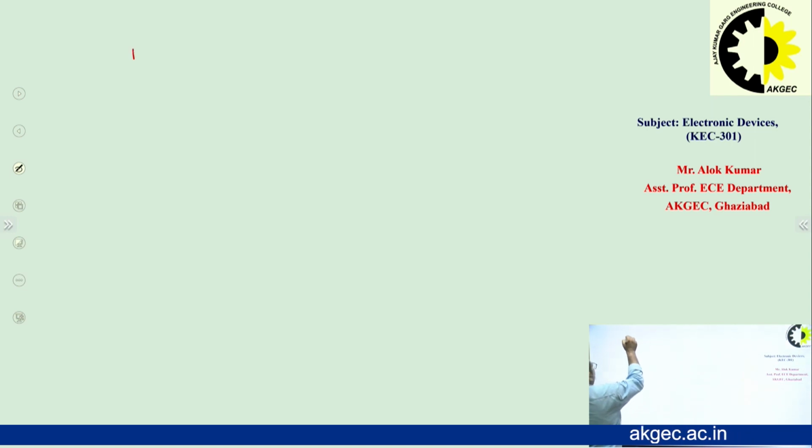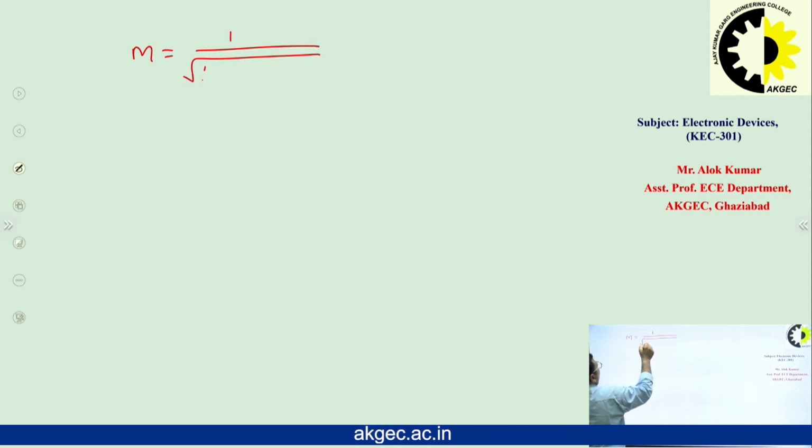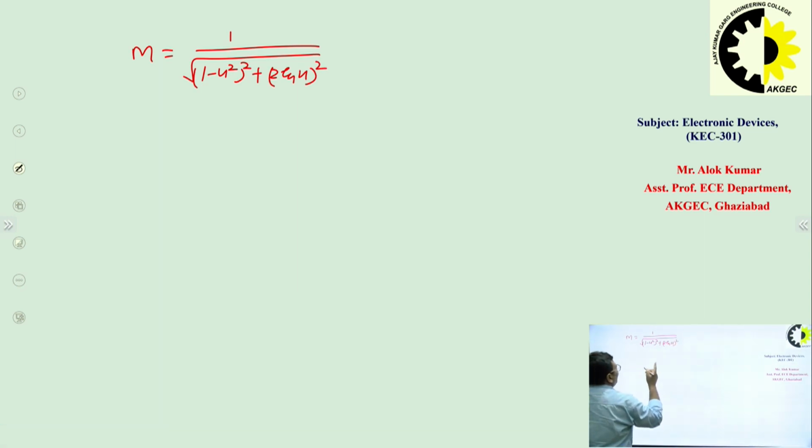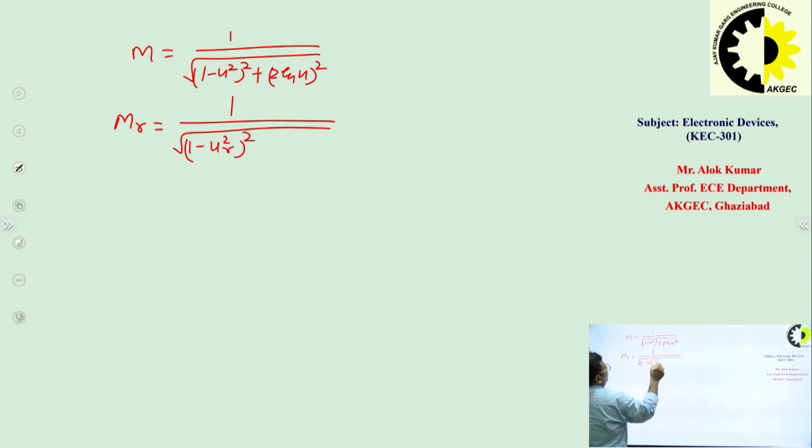So we have the expression of m, magnitude is equal to 1 upon under root 1 minus u square whole square plus 2 zeta u whole square. Okay. So at u is equal to ur, m will be mr. So mr is equal to 1 upon under root 1 minus ur square whole square plus 2 zeta ur whole square, right?